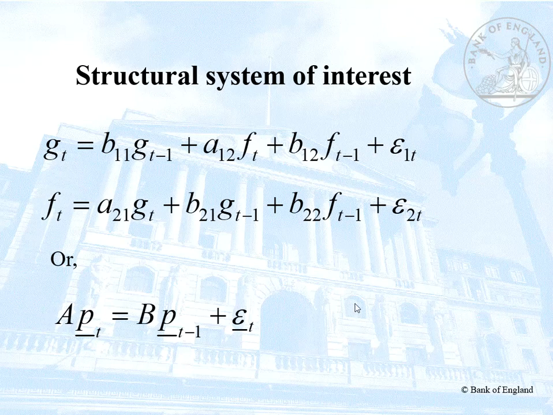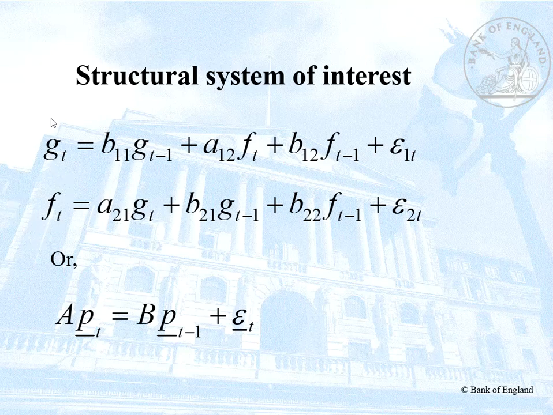But how did we achieve that? We need to shift all the current terms into the left hand side of the equation. So shift this one to here, and also shift this one, the current administered price, to the left hand side.